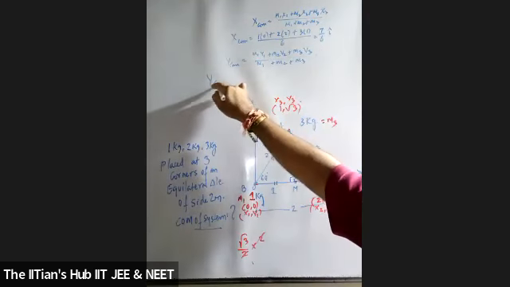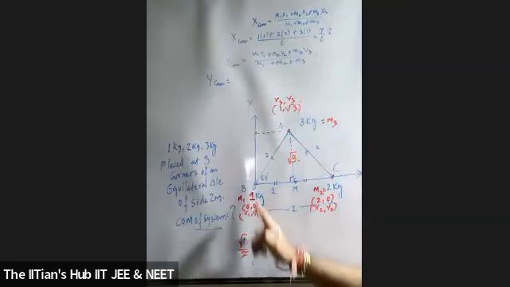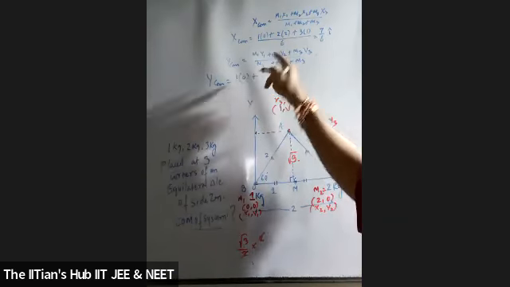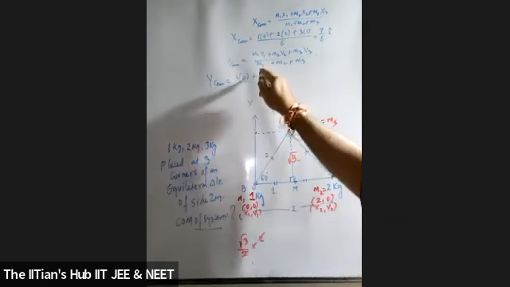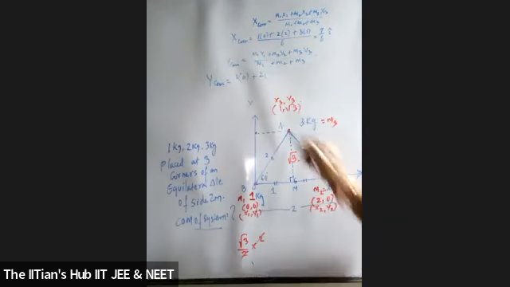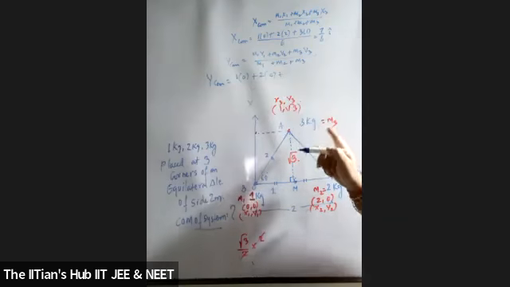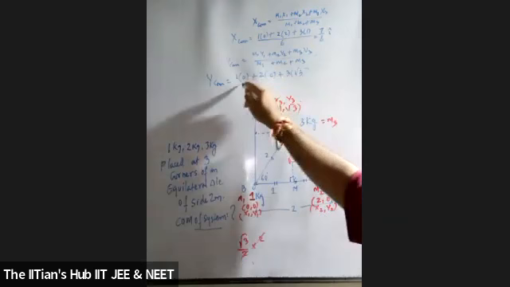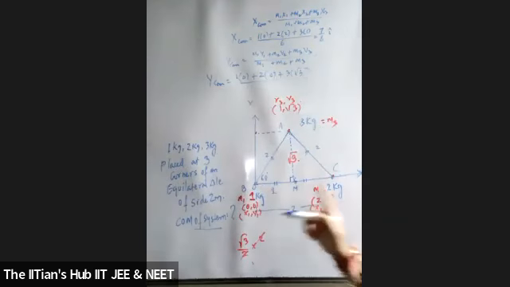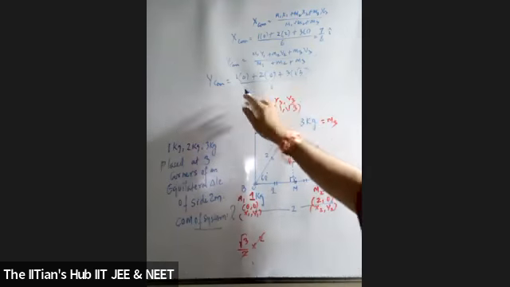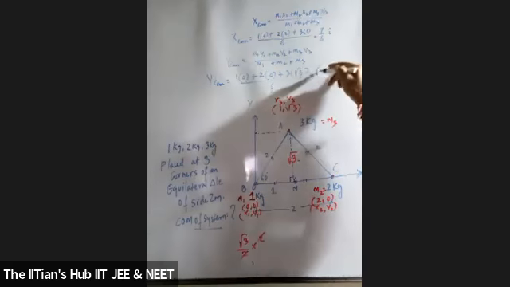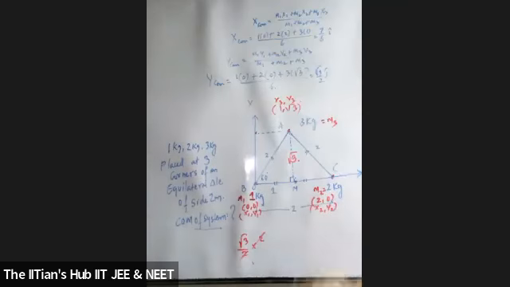So M1 is 1, Y1 is 0, plus M2, Y2 is 0, plus M3 is 3, Y3 is √3, upon the summation of all the masses, 1 plus 2 plus 3, that becomes 6. This is 3√3 by 6. So my answer is √3 by 2 j. Is that clear students?